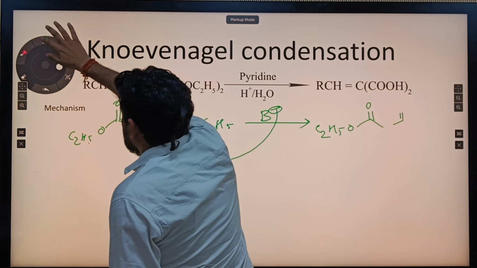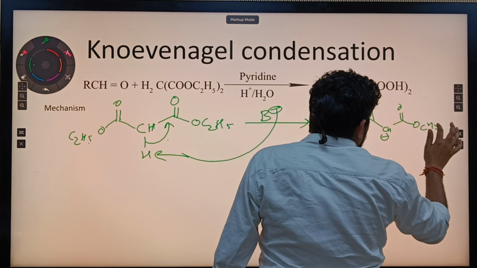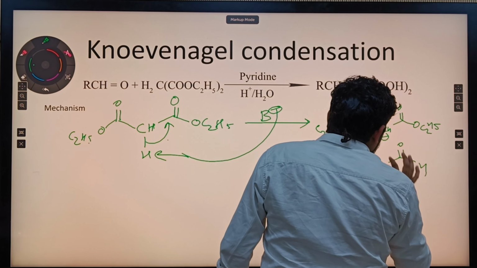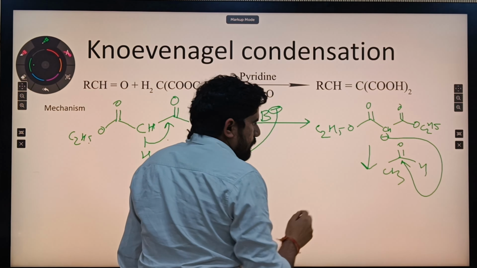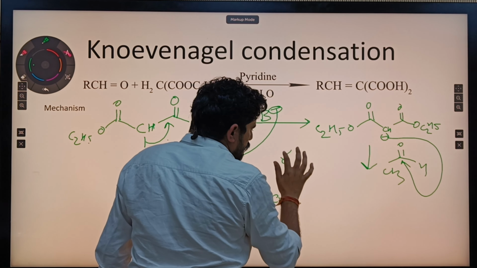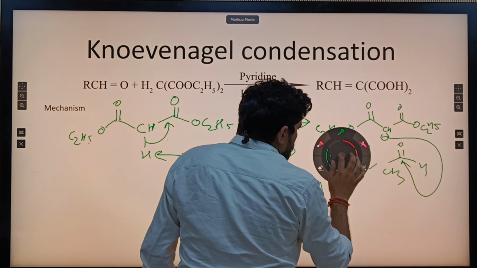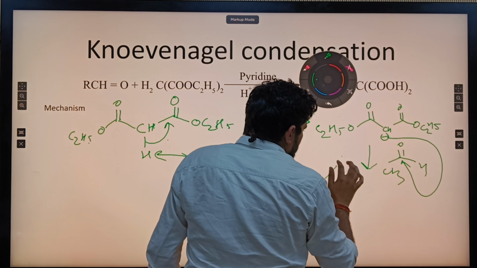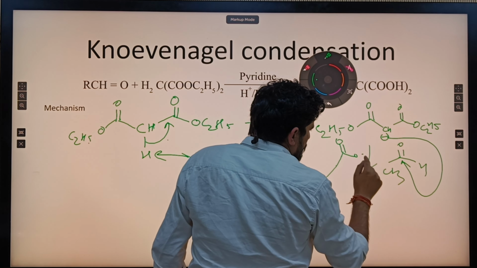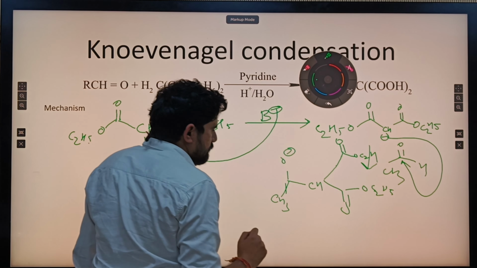Oxygen, CH negative, oxygen, C2H5. Further, we have an aldehyde in this reaction, hydrogen, CH3. The negative charge of the CH2 group attacks on the carbonyl group and forms CH2, O negative, CH, C2H5, C2H5.